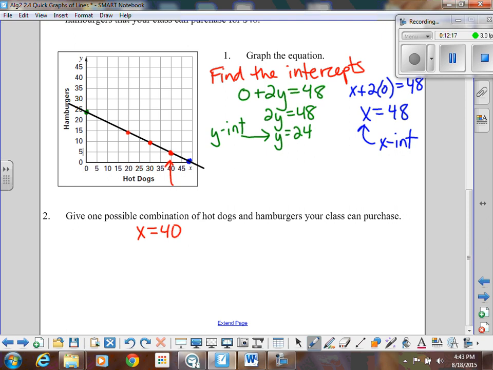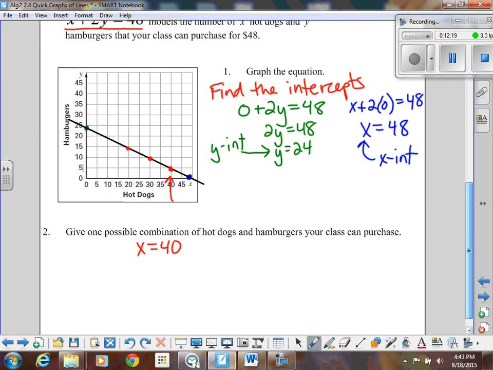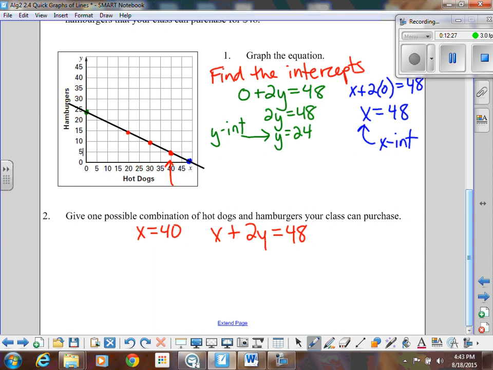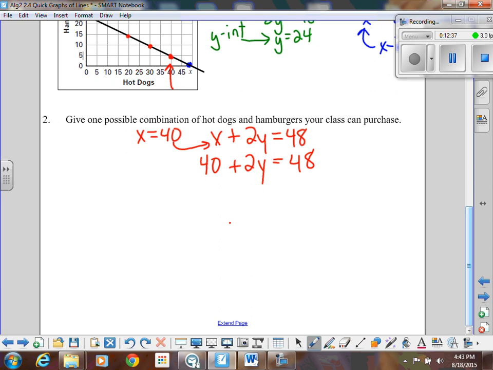So I'm going to use my equation that they gave me. Remember, they gave me x plus 2y equals 48. So if I know I want 40 hot dogs, and I want to figure out how many hamburgers, I'm going to plug in 40 for x, and then solve for y.